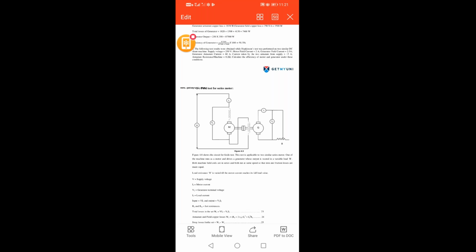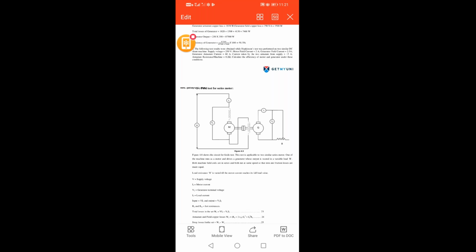When the field winding is connected in series with the armature winding, then we call it a DC series motor. Now if you observe this diagram here, the field winding is connected in series with the armature winding of the motor, and one end of the armature winding of the motor is connected in series with the field winding of the generator.